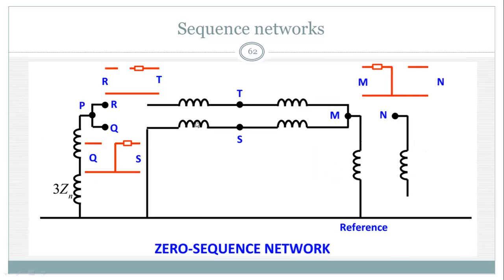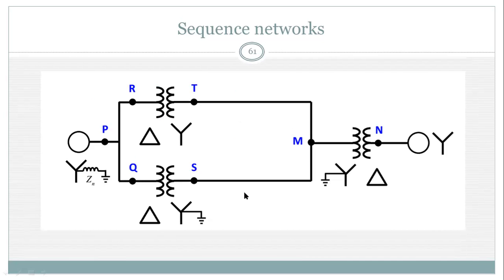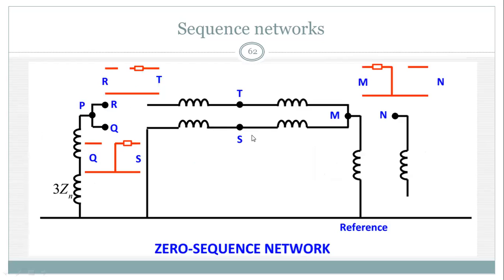So Q to S is an open circuit, and the impedance is placed in the secondary portion and connected to the reference bus or ground. Now from S to M, there is another high voltage transmission line, so there should be an impedance representing the high voltage transmission line impedance.